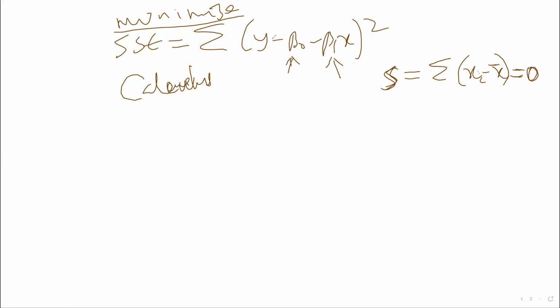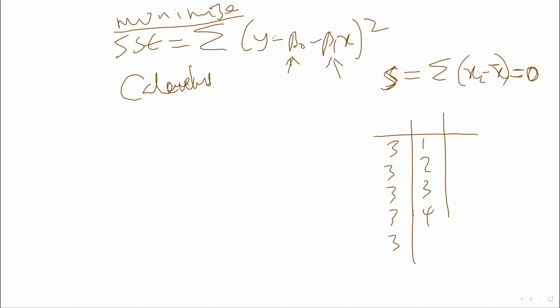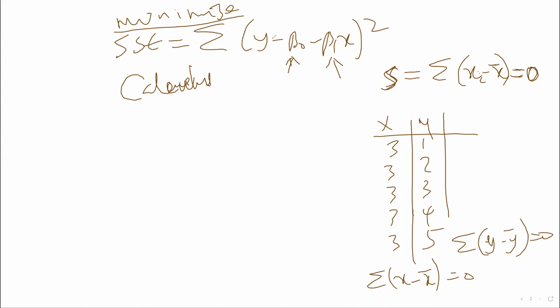To be equal to 0, they are right. So what it means is that if I have these values 3, 3, 3, 3, and 3, and then I have 1, 2, 3, 4, 5, right? If this is X, this is Y. Each of them will give me 0. But are they the same?